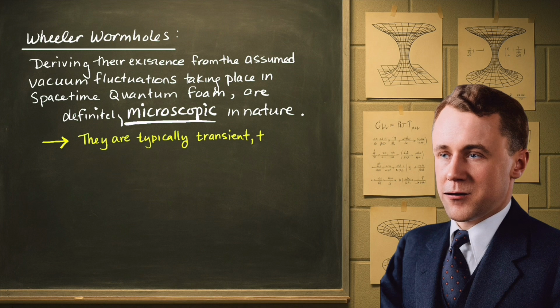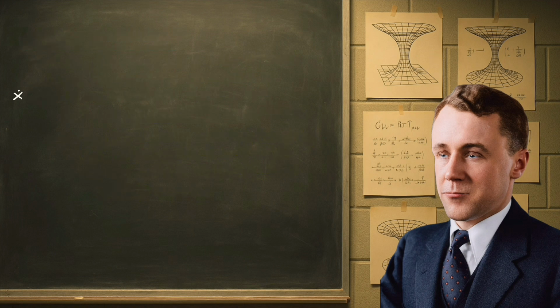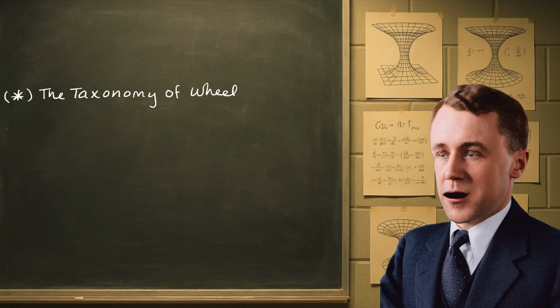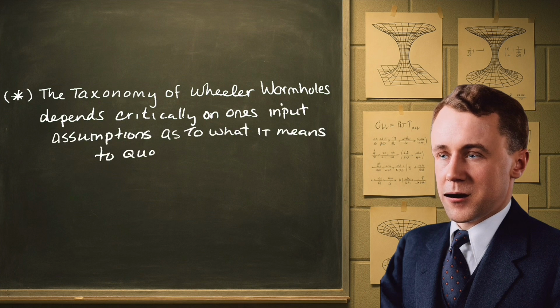They are typically transient, though, by sheer luck, may arise within a topology suitable to be considered quasi-permanent. The taxonomy of Wheeler wormholes depends critically on one's input assumptions as to what it means to quantize gravity.